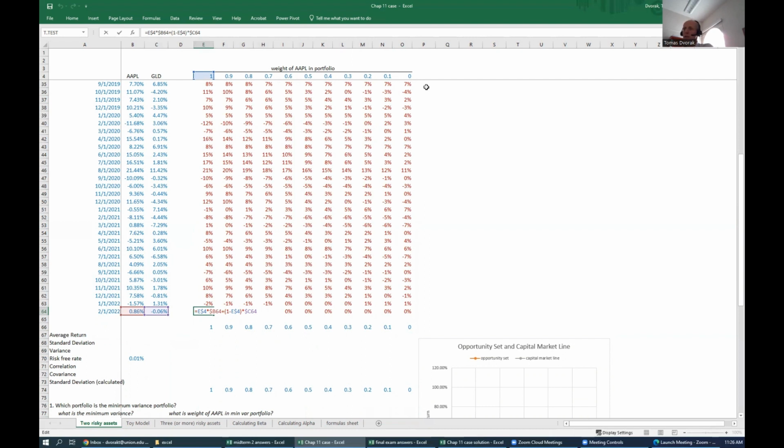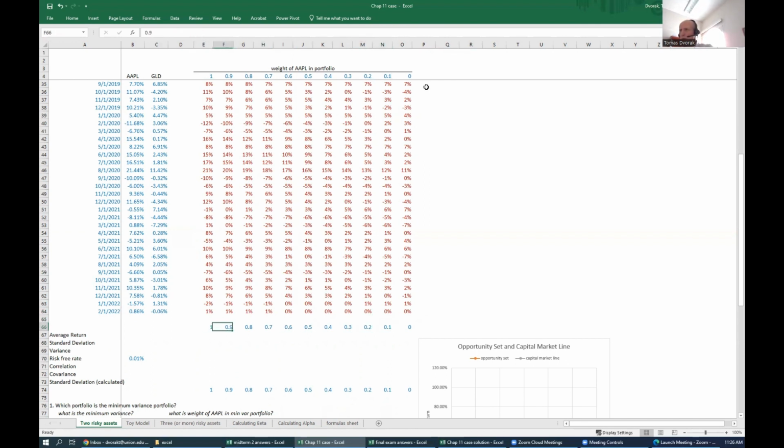We're calculating the return on the portfolio in February 2022, and we're taking returns on Apple and gold from February 2022. Of course, we're taking the weight from up here from E4. So that all makes sense. Over here, we're also grabbing all the right cells.